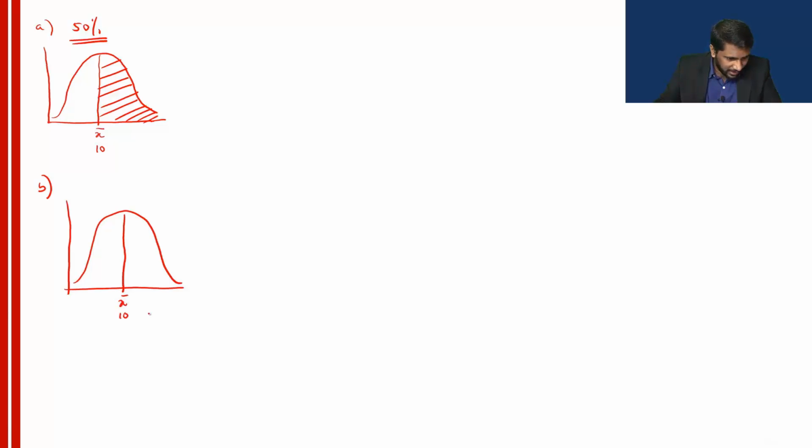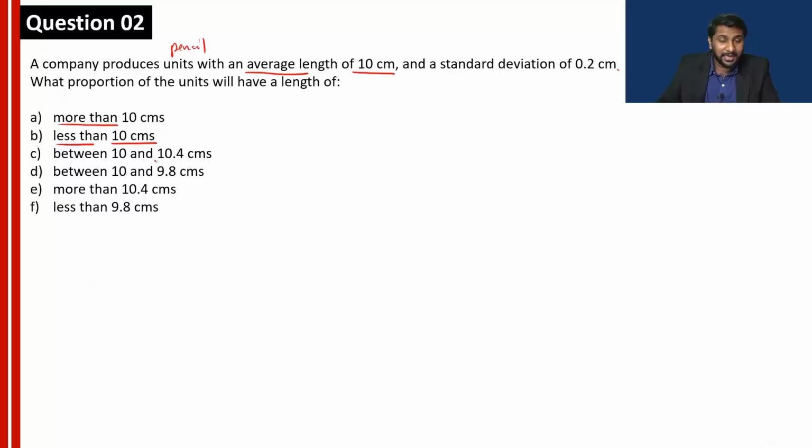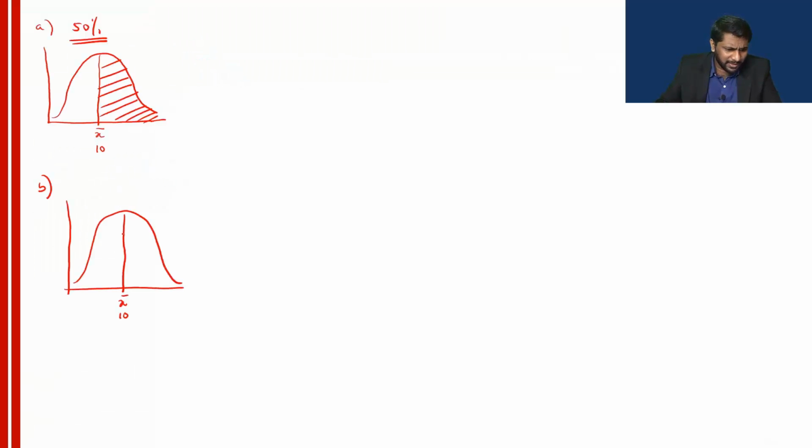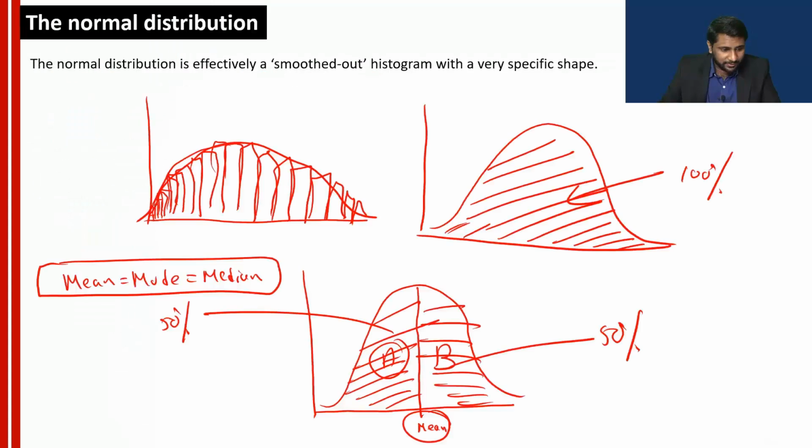Mean is 10 centimeters. Now they are asking less than 10 centimeters, then less than 10 centimeters means this area. Then how many percent is there? 50% is there, 50% or 0.5, whatever it is. Okay, and next one.